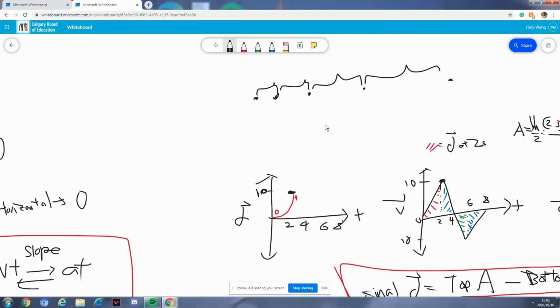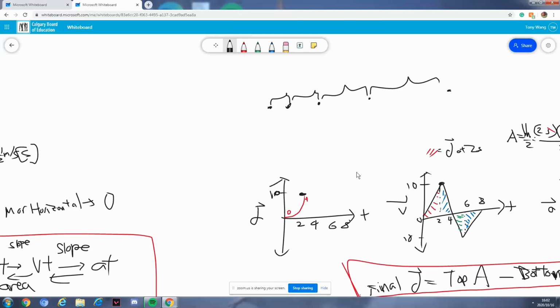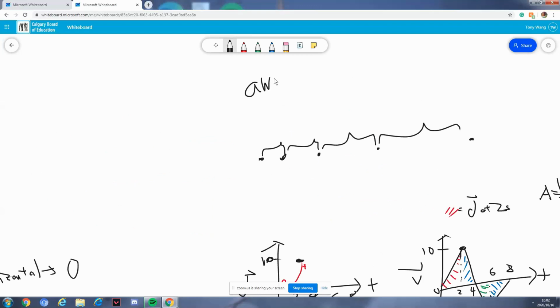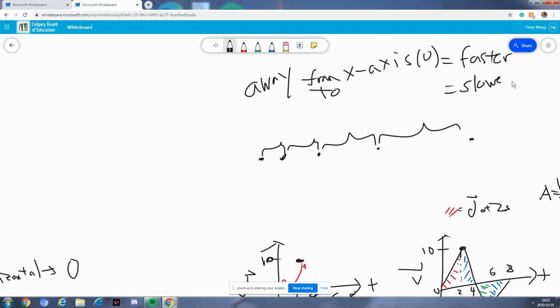And you know if something's going faster if it moves away from the x-axis, or 0, equals faster. And if it's going to the x-axis, it is going slower.